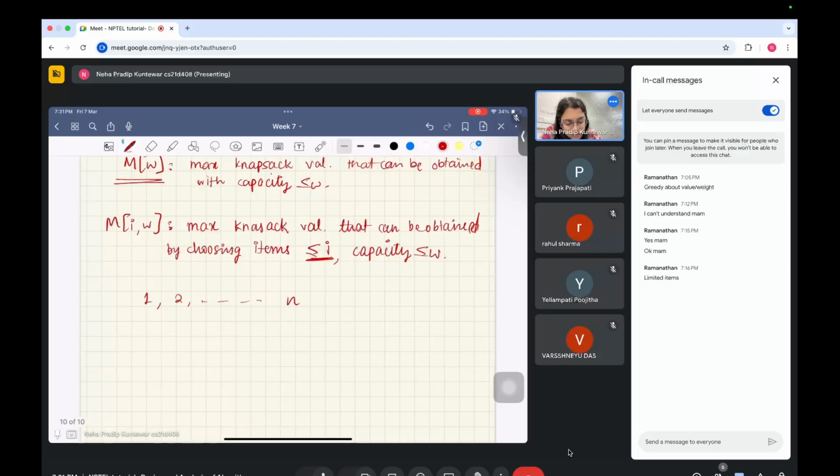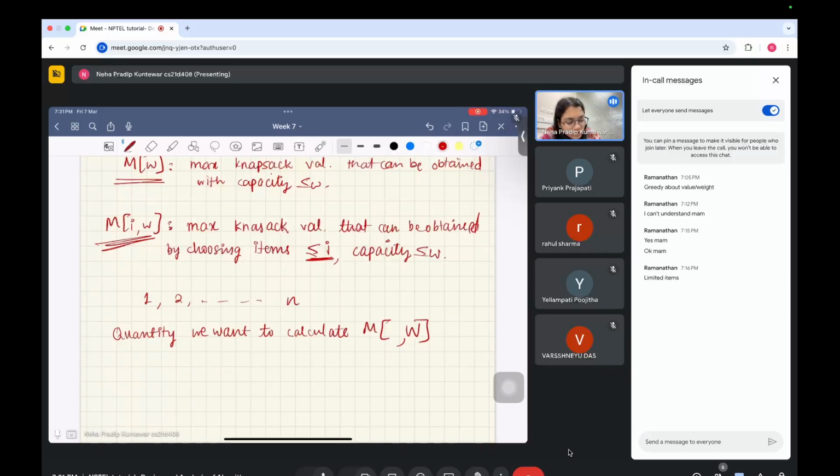So then if the meaning of this is clear, can you tell what is it that we want to find? The quantity we want to find in terms of the new variable, what is it? M of, so W is just the capital W. It is the capacity that is given to you for the knapsack.